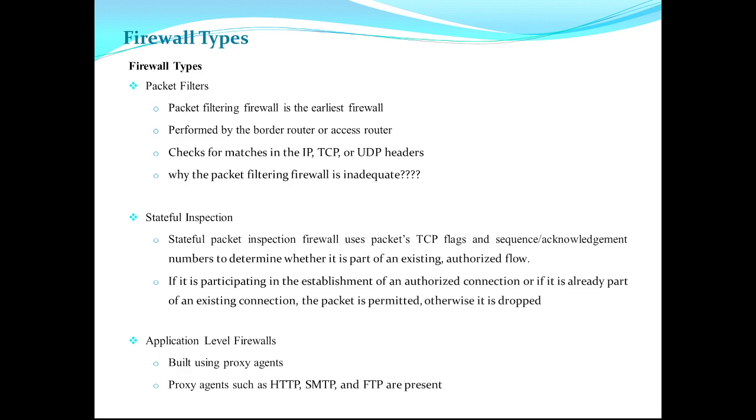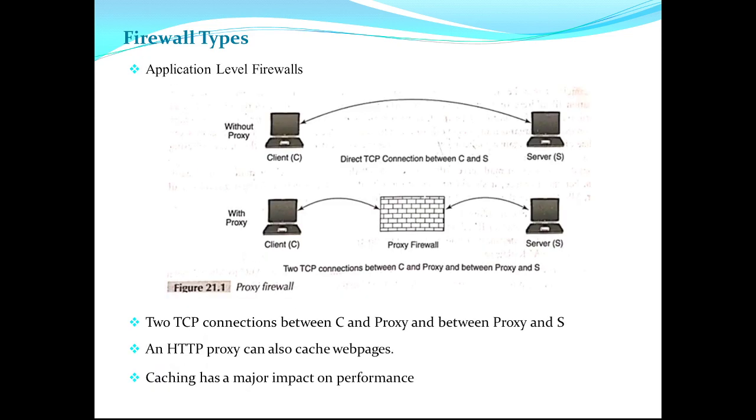If you see the figure here, you can directly see what is happening in a proxy firewall. You have to remember that proxy firewall is associated with application level firewall.